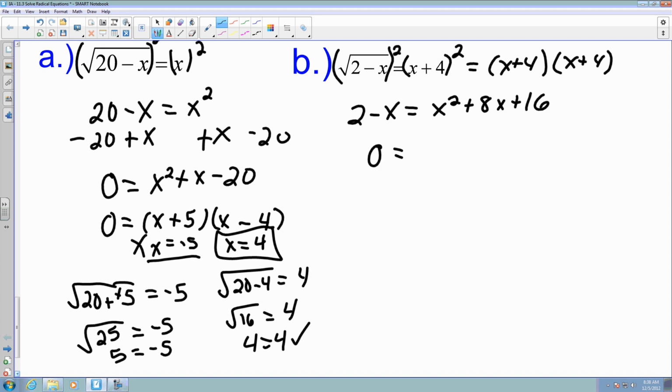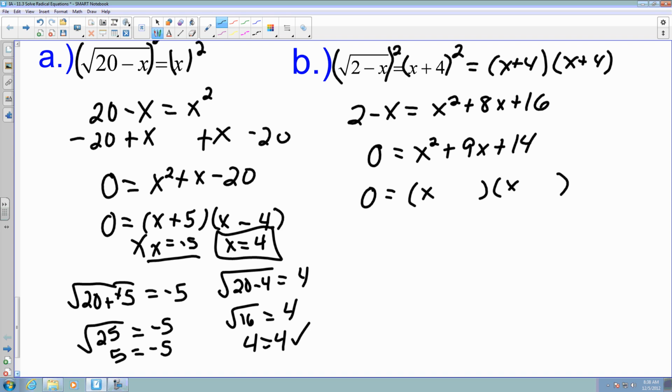So I'm going to have 0 equals x squared plus 9x plus 14. Because I subtracted 2, I added x. So see if it factors out, which it does, but if it didn't, we could always use the quadratic formula to help us out.